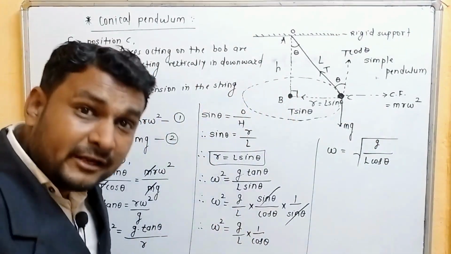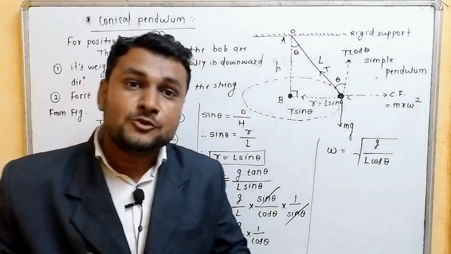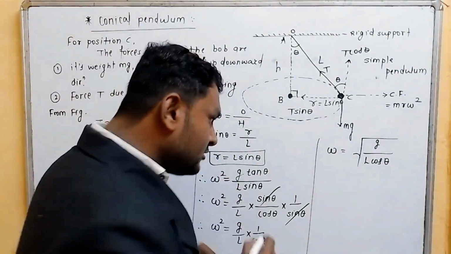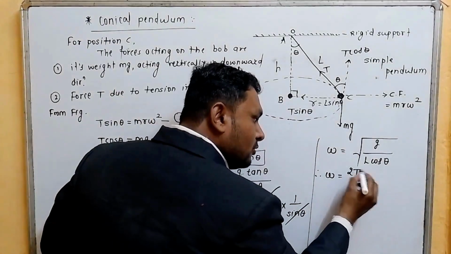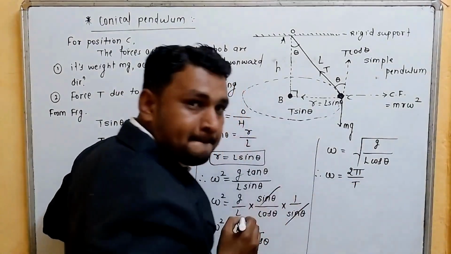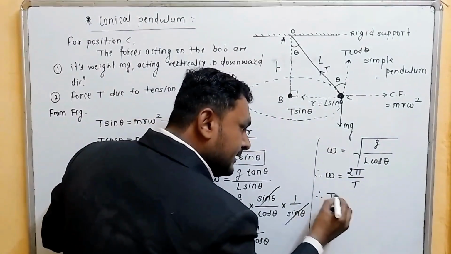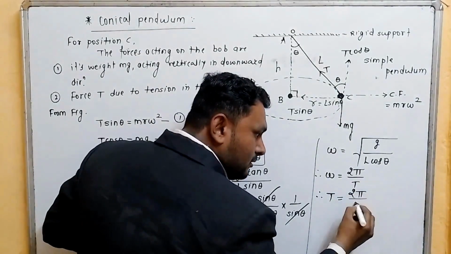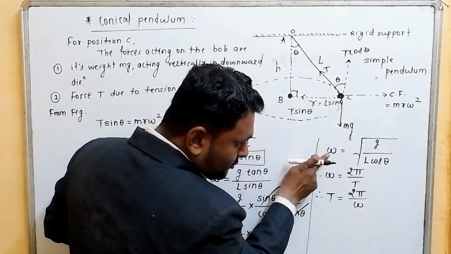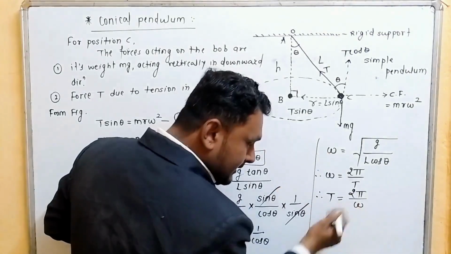So this is the angular frequency, but our aim is to find the time period. For that, we know that omega is nothing but 2 pi upon T, and here T is the time period. So T is equal to 2 pi upon omega. Now just put this value of omega in this equation.